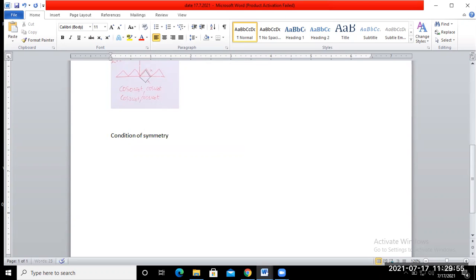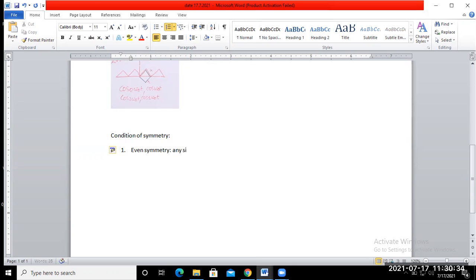The first condition is, suppose any waveform follows even symmetry. Any signal is said to be even symmetry if x(t) equals x(-t).